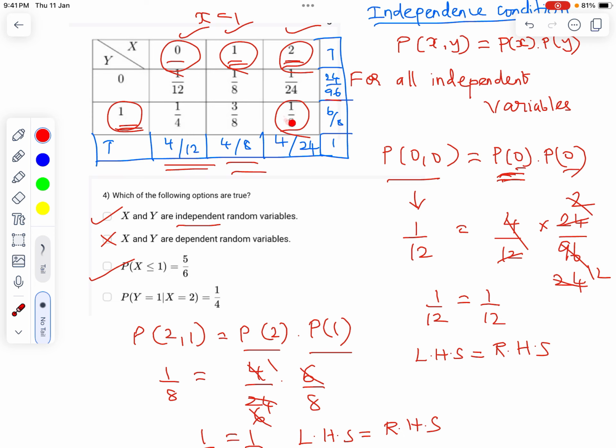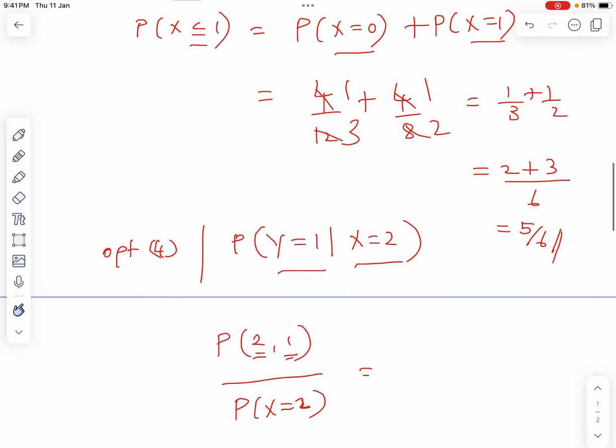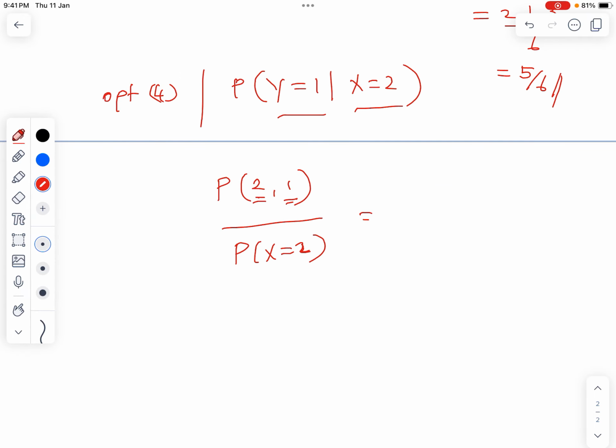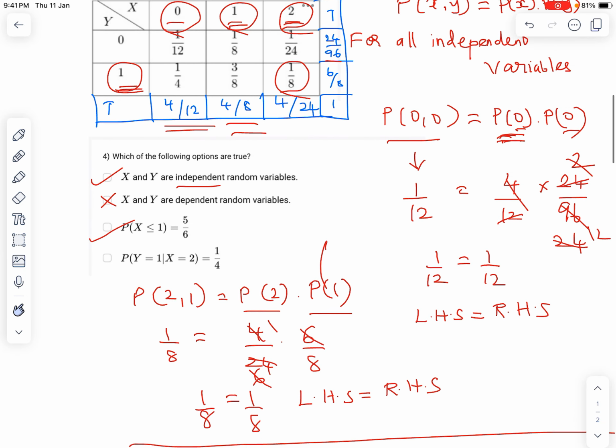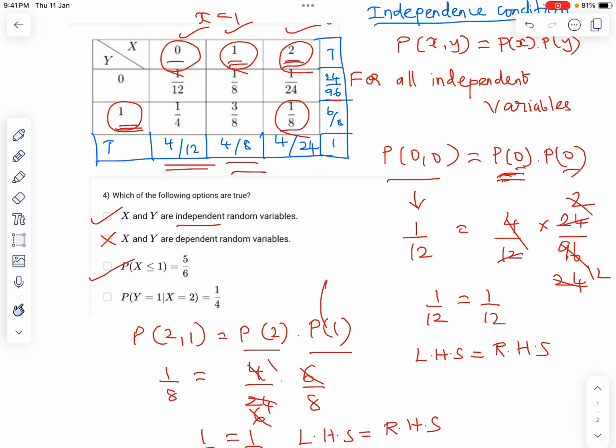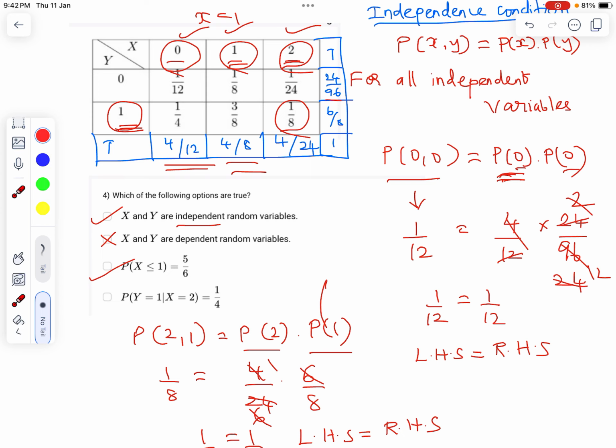For 2 and 1, here we are getting 1 by 8. And P of x equal to 2, the total value of 2, while searching for it, x equal to 2 is 4 by 24.